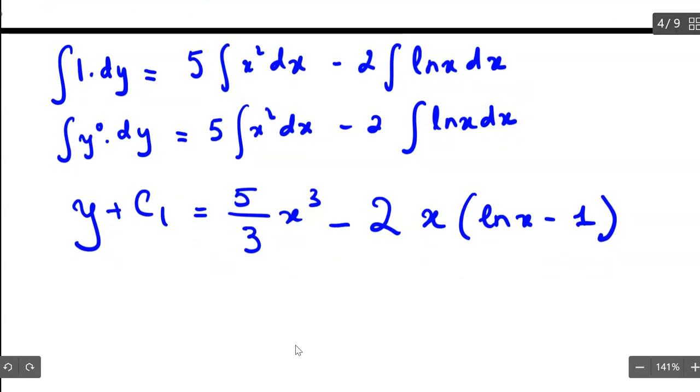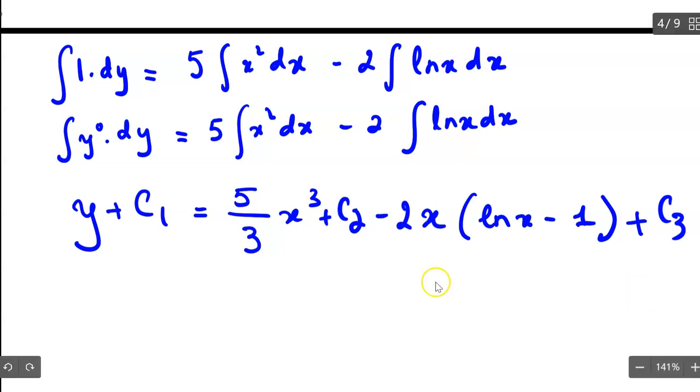And this one I might as well put plus C2, or right here I should put plus C3, and plus C2 over here. Okay, so right here I should add C2, subtract 2, add C3.